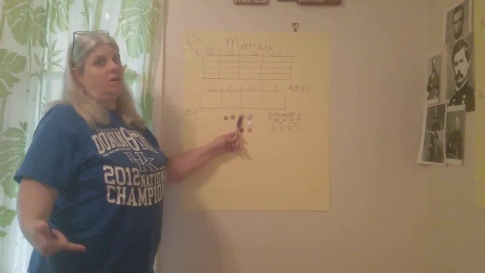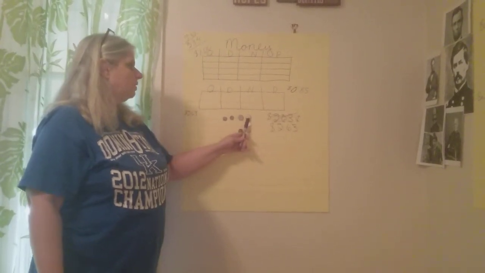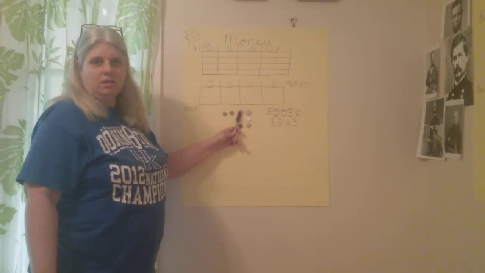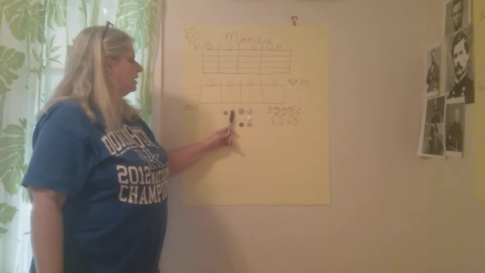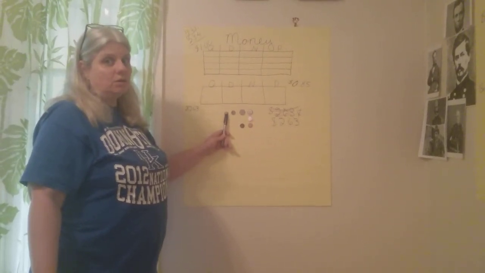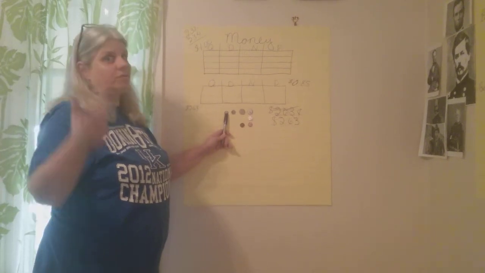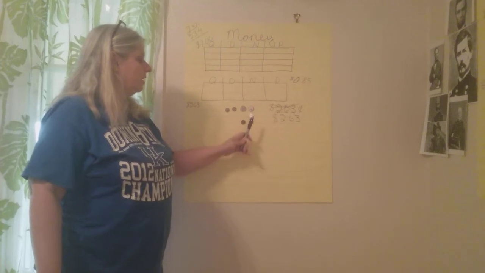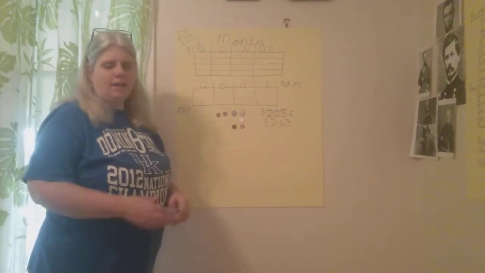Now what's our biggest? Dimes, very good. 60, 70. Now what's our biggest? Nickels. So we go from 70. What comes next when you count by 5s? 75, 76, 77.